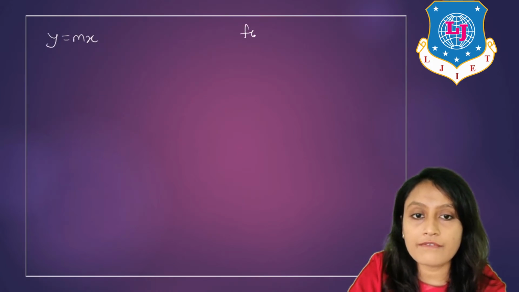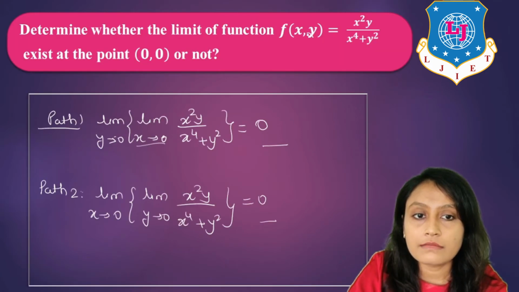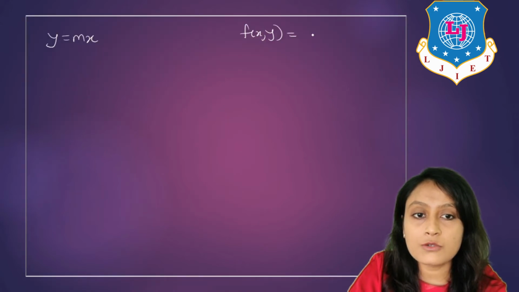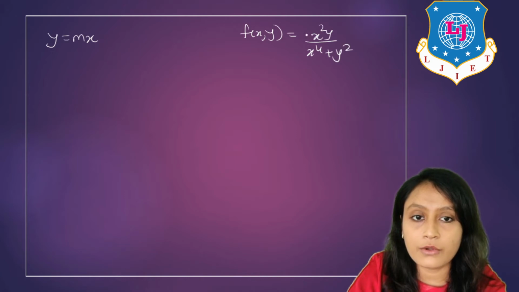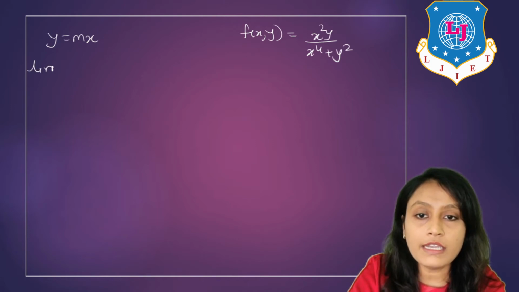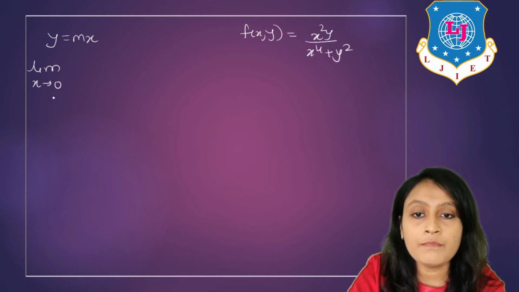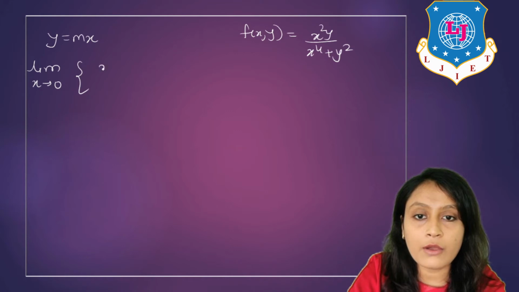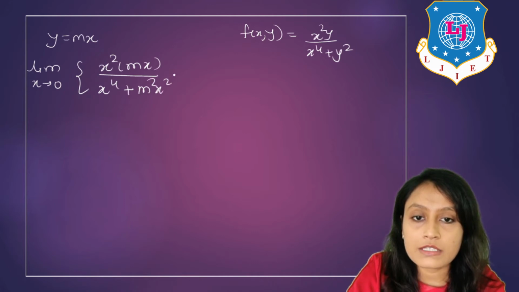Now the function f of x, y given in the question is x square y upon x raised to 4 plus y square. Now we will take y equals mx in this function, so you will get only the limit of x because y we are writing in the form of x. So limit x tends to 0 of x square into mx upon x raised to 4 plus m square x square, correct?